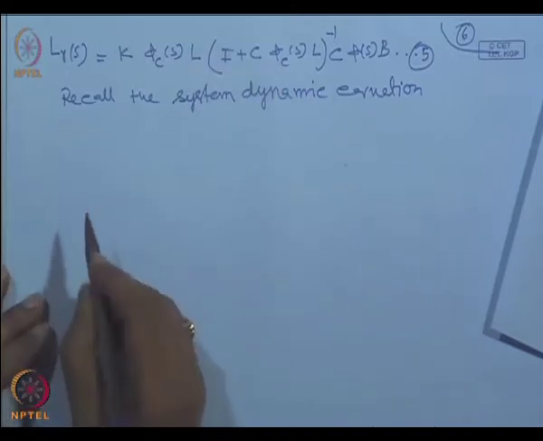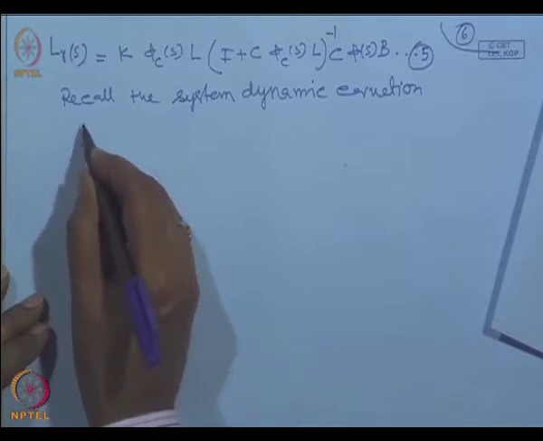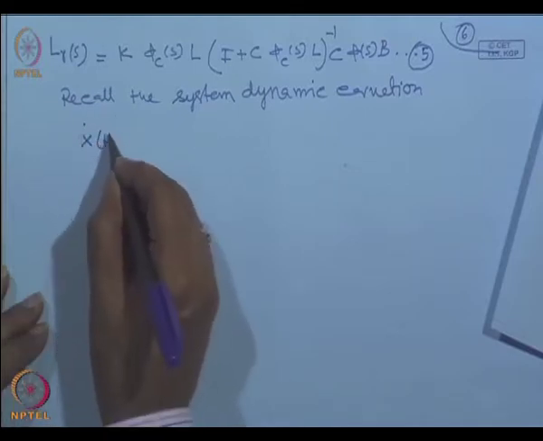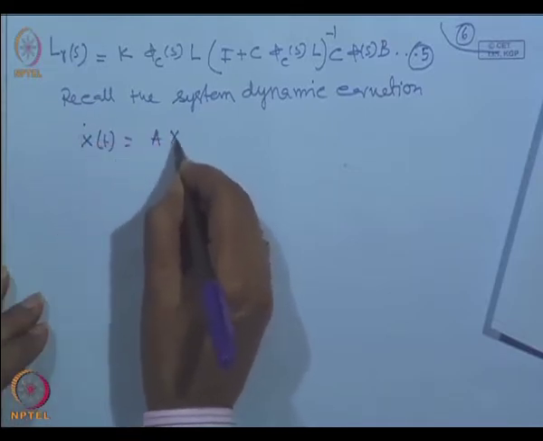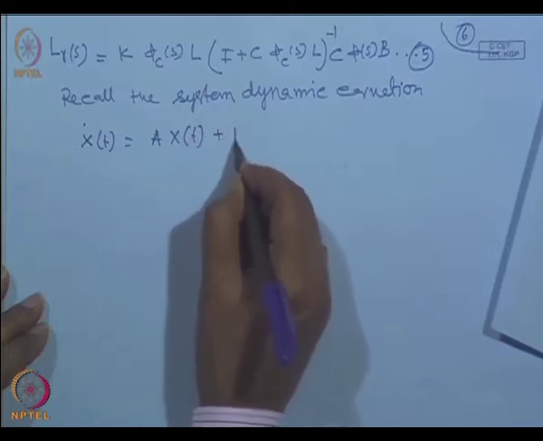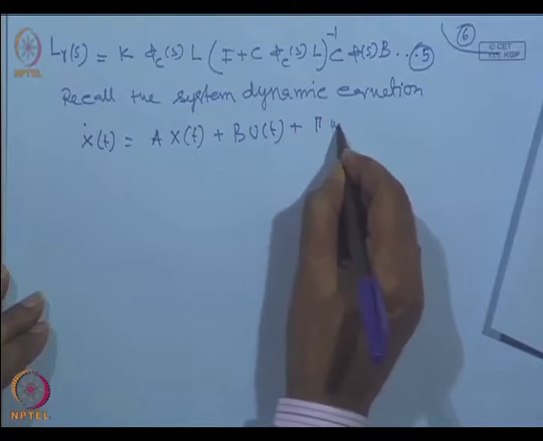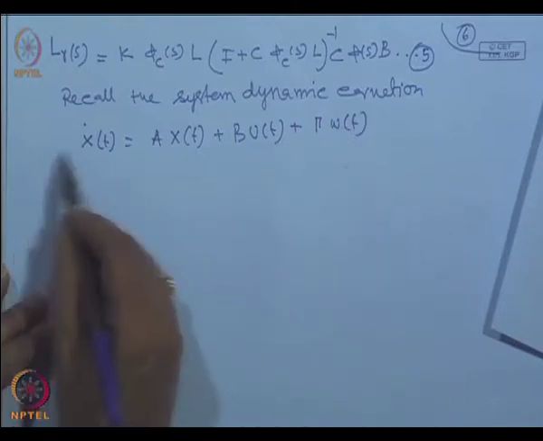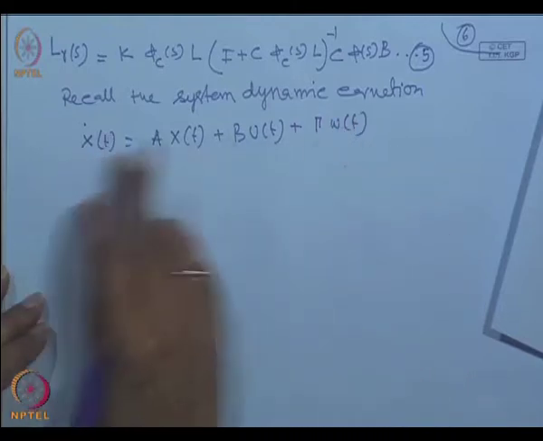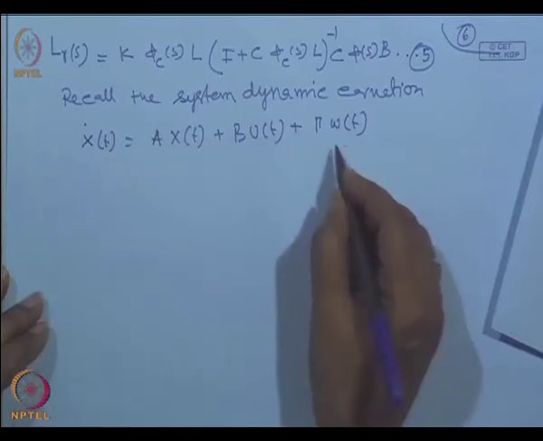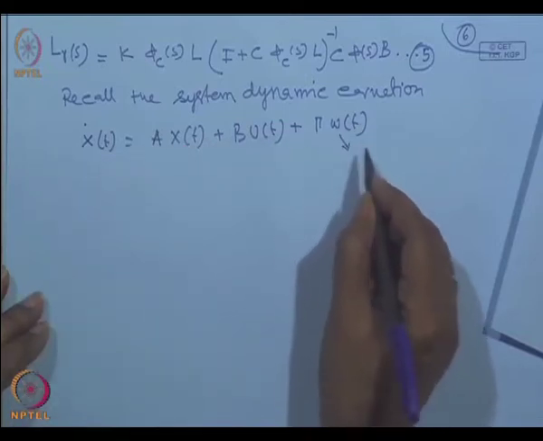Equation number 1 there: x dot is equal to A x plus B u plus gamma w of t. In the system equation, this w of t is the process noise.